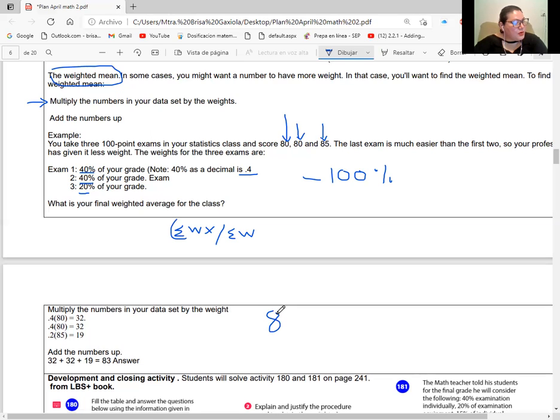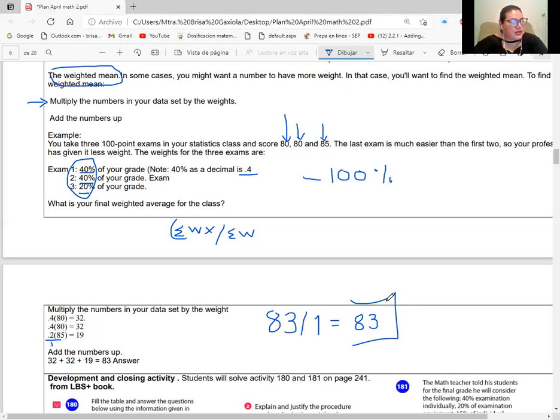And according to the formula, we have the summatory of the values times the weight divided by the summatory of the weights. And the summatory of the weights is this one. So if you add the decimals, 4, 4, and 2, we get the number 1. So we will be dividing it by 1, and it gets the same. So my grade when applying the test and getting 80, 80, and 85 will be 83.